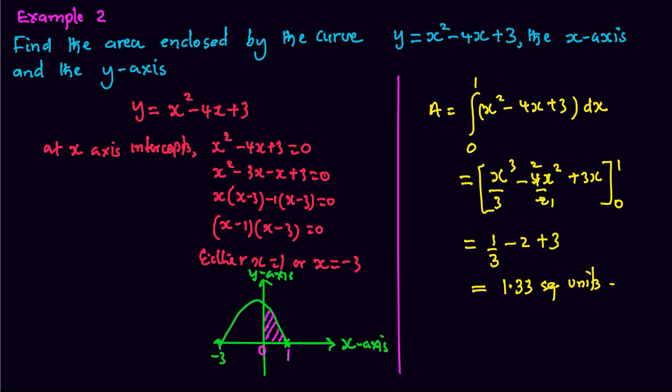Just a bit of correction. For this case, either x will be equal to 1 or x is positive 3. So our curve is not as we had initially indicated, the curve will take the following shape.